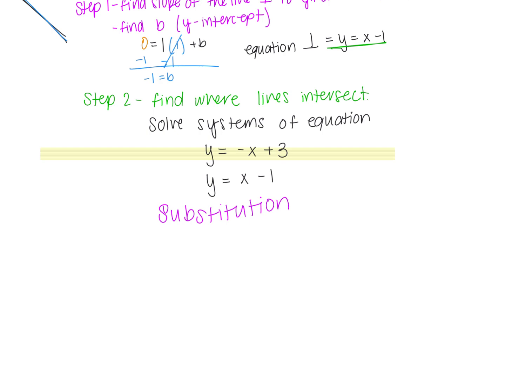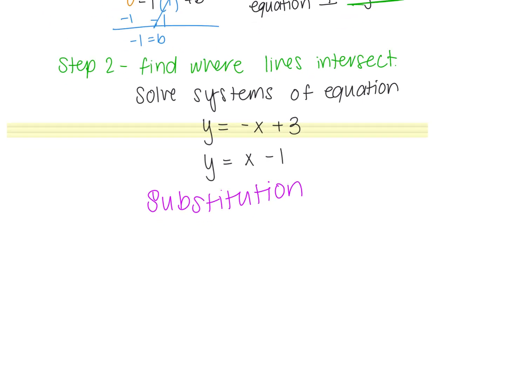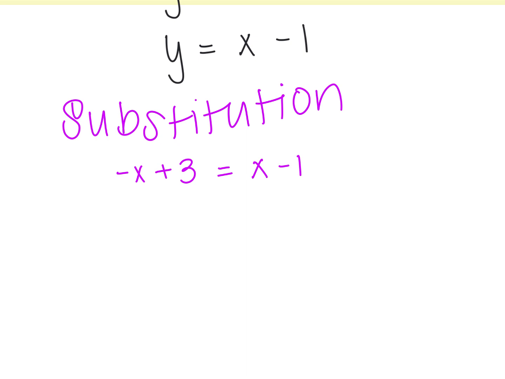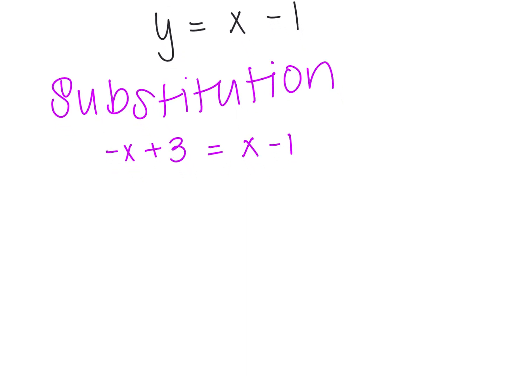If they both equal y, then they equal each other. So I'm setting it up as negative x plus 3 is equal to x minus 1. I'm just figuring out that specific point. They already gave us one of the points, and I need to figure out the other. I'm going to solve for x, then plug it in and solve for y.